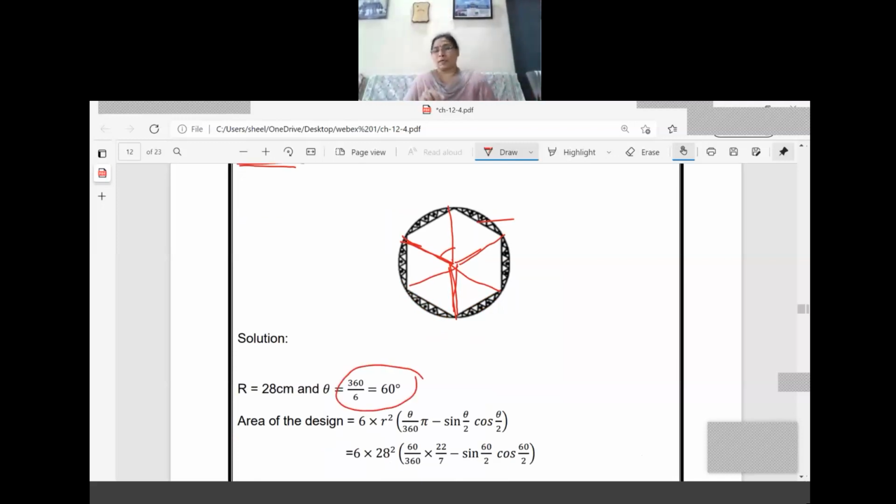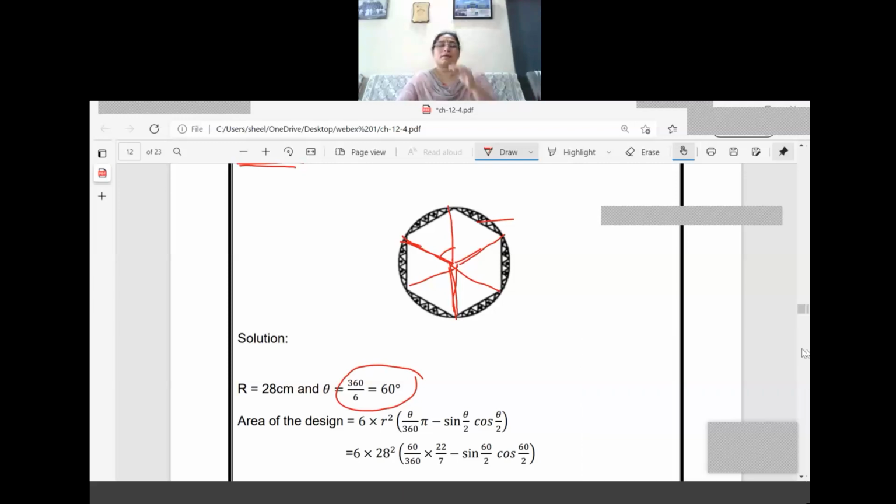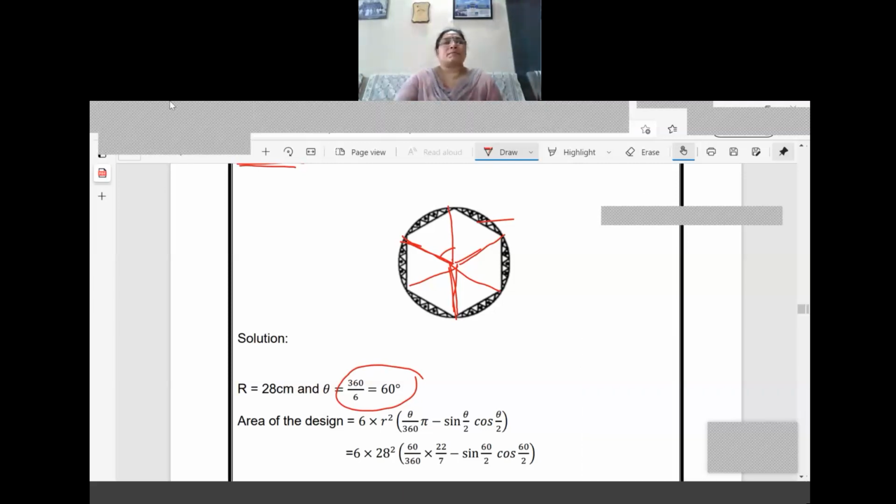This point you have to learn. Central angle is not given, we should identify the central angle first. We should calculate the central angle first. Okay, we have to calculate the central angle.